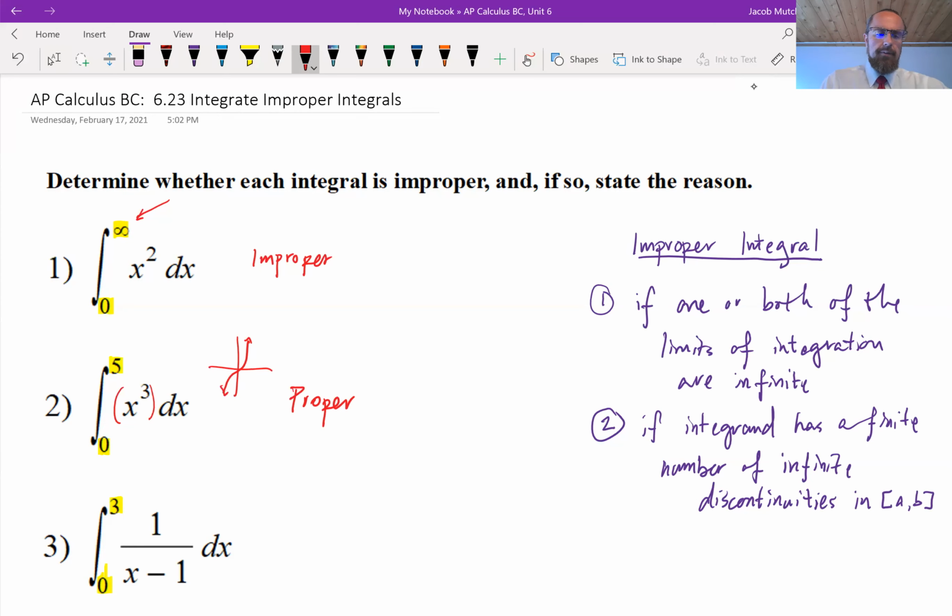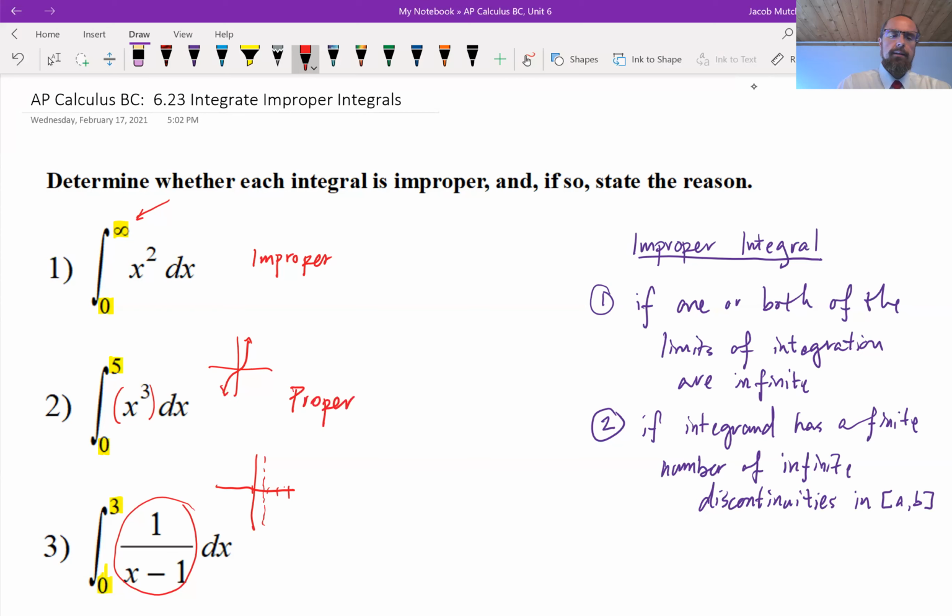So then investigating this third integral, the integrand 1 over x minus 1 has an infinite vertical discontinuity at positive 1. And so definitely that's in this interval from 0 to 3.